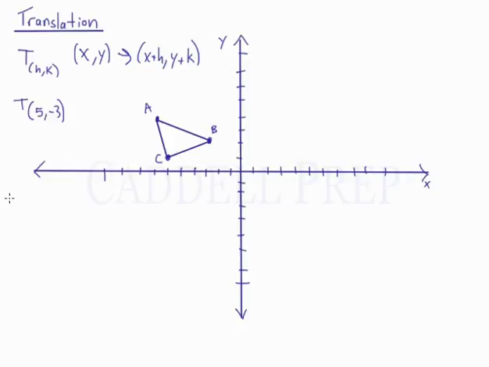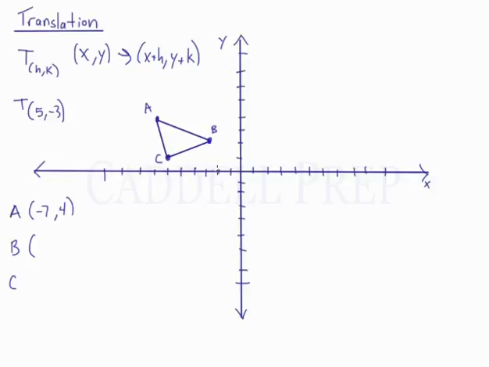So let's write down these coordinates. We have A, B, and C. A is 1, 2, 3, 4, 5, 6, 7. So negative 7. And it's 1, 2, 3, 4. Negative 7, 4.